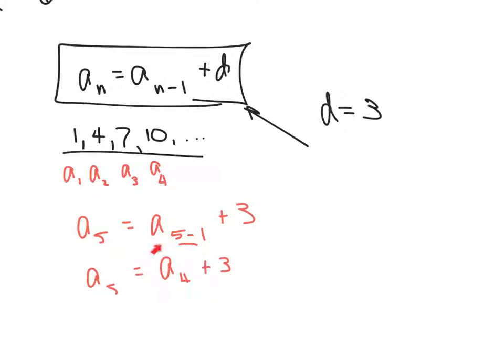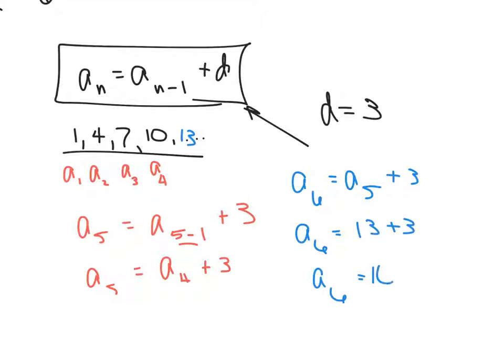In this case, my fourth number is 10, so I add 3 to it to give me 13. So the fifth number is 13. I'm going to put a 13 there. Now let's say that I want the sixth number. I'm going to take a sub 6 minus 1, and I'm going to add 3. So my a sub 6 will be my fifth number plus 3. So a sub 6 is 16.